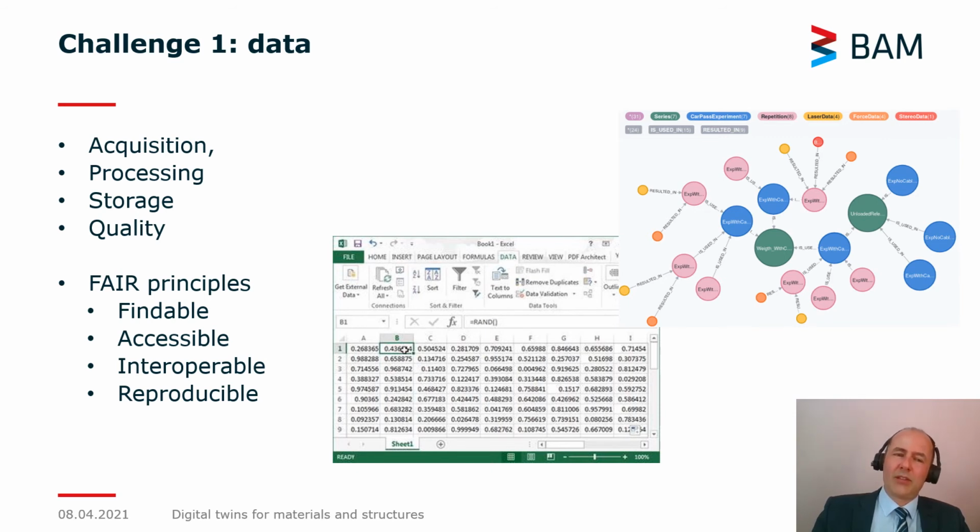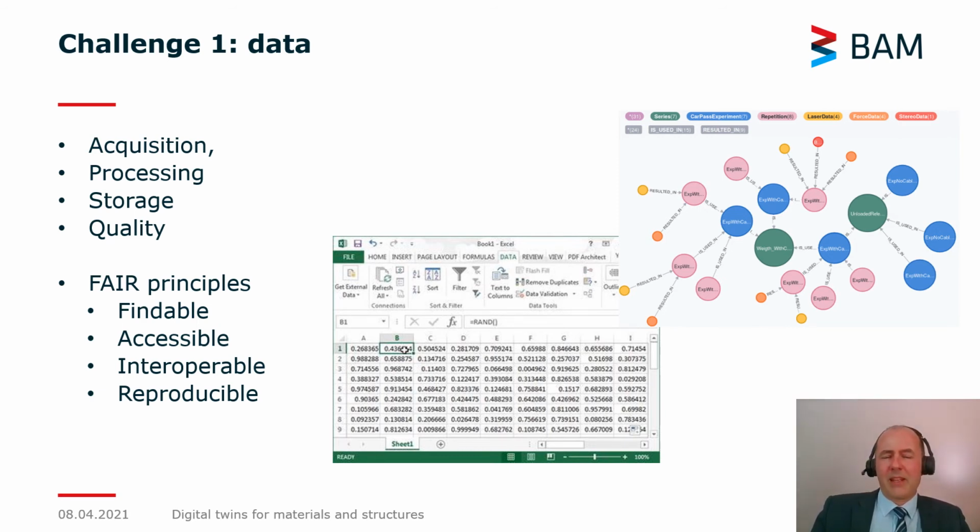You have to process the data and get it from the site to your computer in the lab. You somehow have to store the data, and the question might be, how fast do I have to get it from the site to my lab? And as I said, the quality of the data is also of utmost importance.